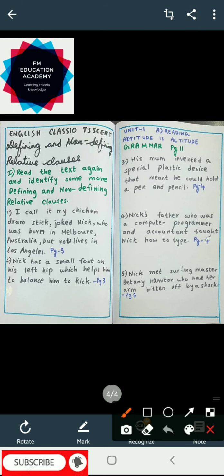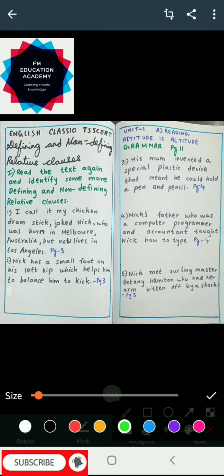So here I took this example from page number 3 of your textbook. "I call it my chicken drumstick," joked Nick, who was born in Melbourne, Australia, but now lives in Los Angeles. So here we can see that this sentence in the textbook is a non-defining relative clause. Why is it a non-defining relative clause? I am writing NDR for non-defining relative clause.